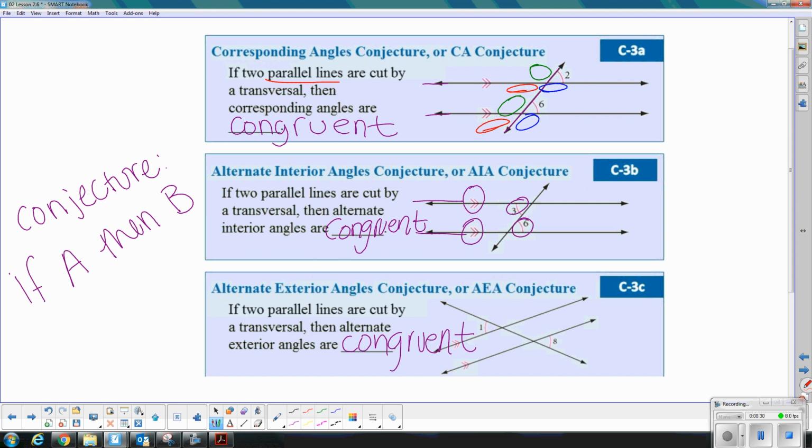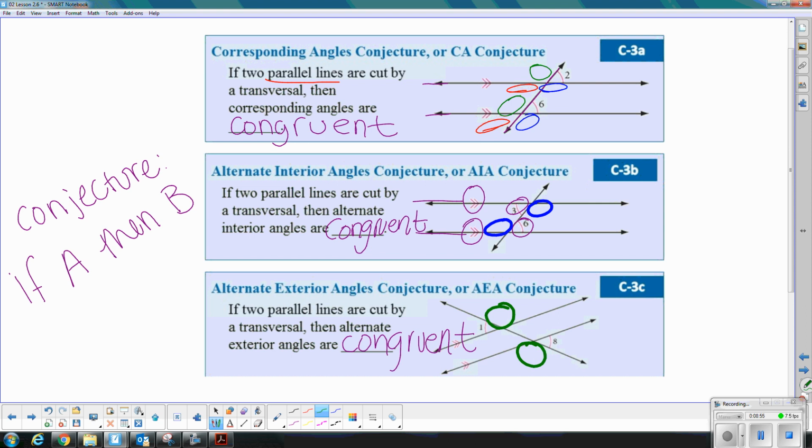For the alternate interior angles conjecture, we're looking at angle 3 and angle 6, but it's true about all alternate interior angles. And then the same with the alternate exterior angles conjecture. We're talking about angles 1 and 8, but we also have these two angles as alternate exterior angles.